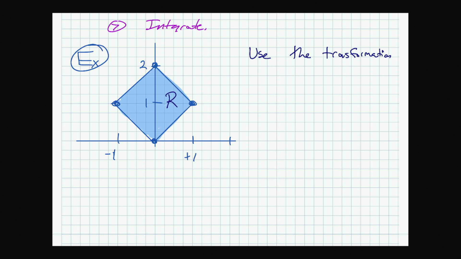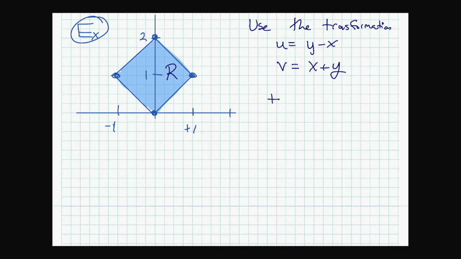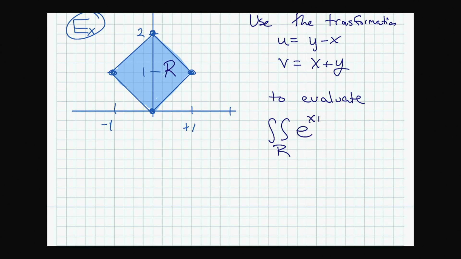Oh, this is a little bit different in the book. It's a little bit annoying actually. u equals y minus x, v equals x plus y, to evaluate the double integral over R of e to the x plus y dA.